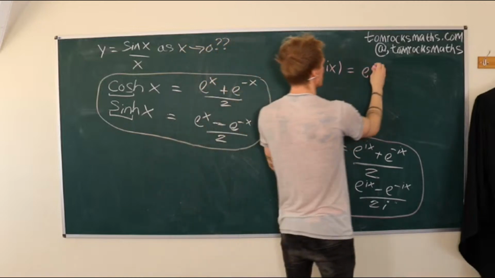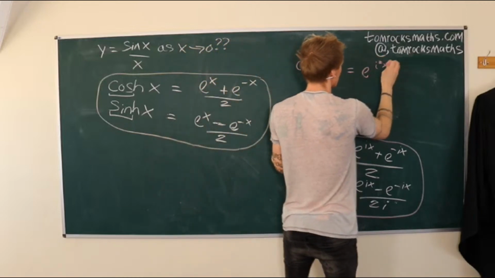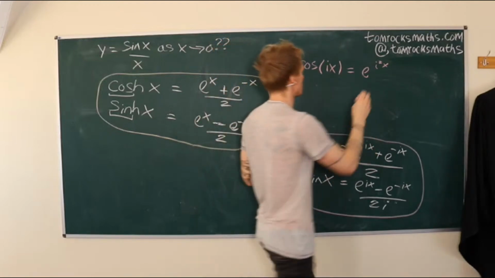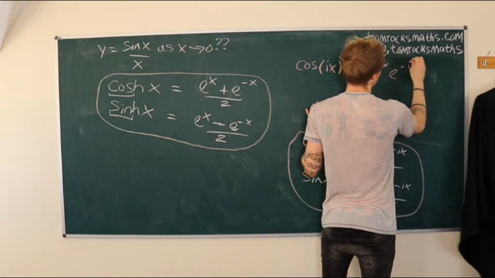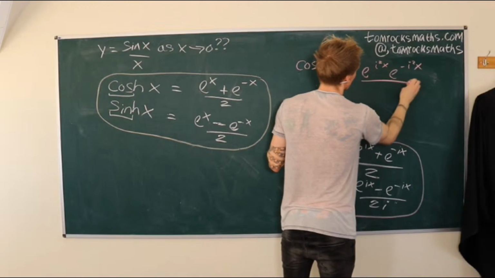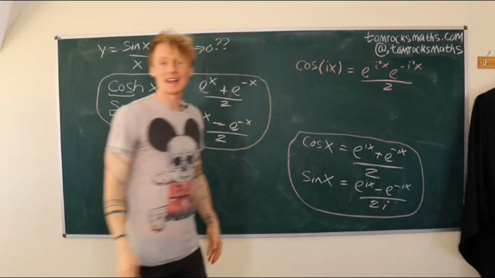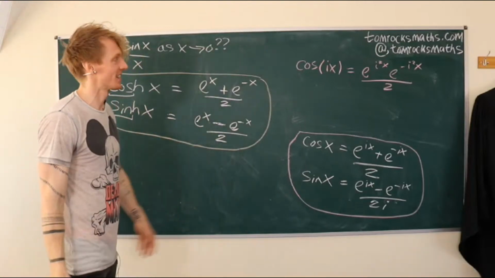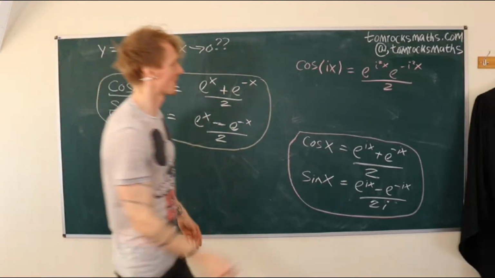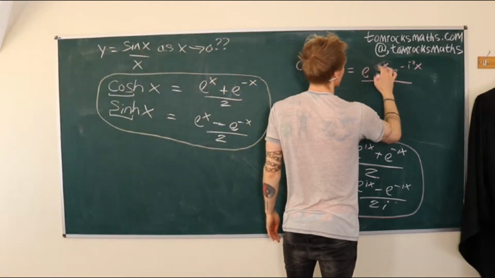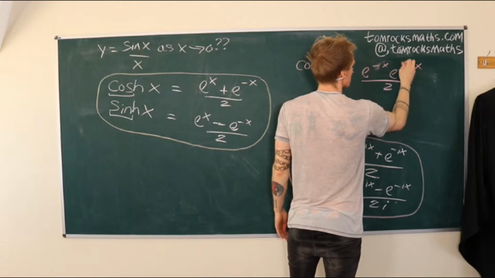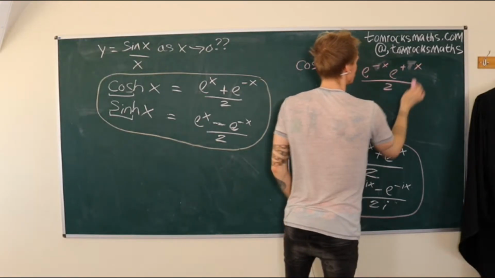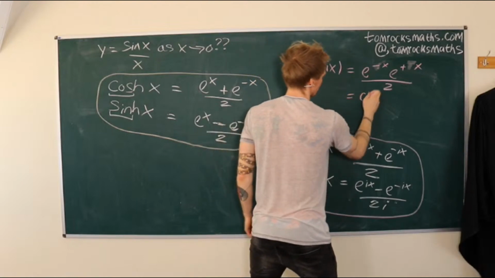So that's going to give me e to the i squared x plus e to the minus i squared x over 2. But i squared is, of course, minus 1. So this is minus, and that becomes a plus. So that is just cosh.